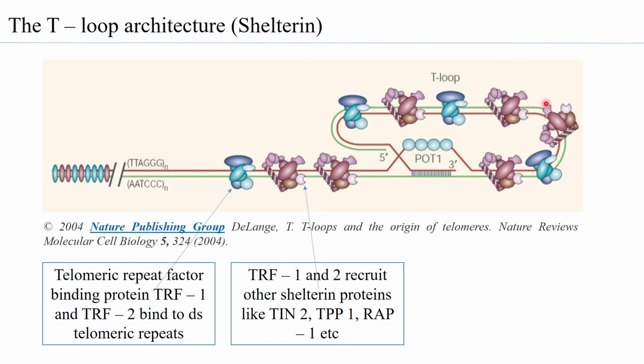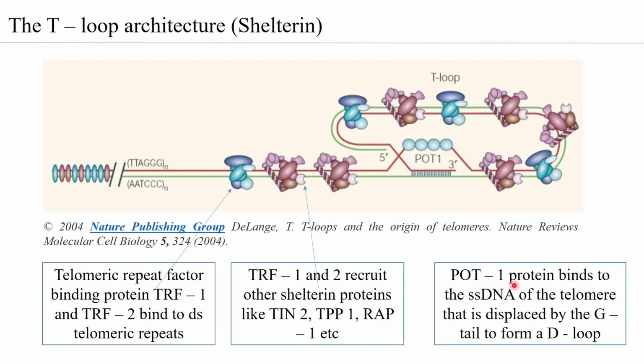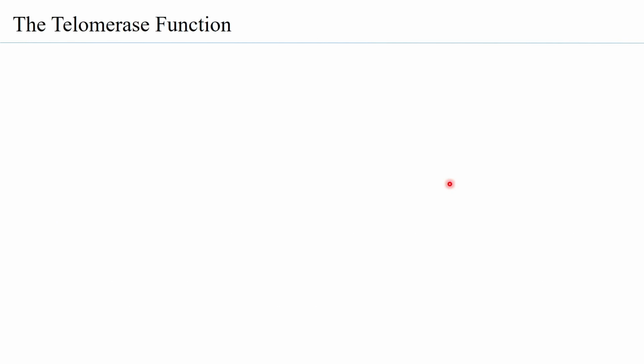So here you do not have any longer any free end, and the free end which had the 3' end is now linked, while whatever displaced DNA is there is also bound by what is called the POT1 protein. Now, therefore, this G tail is attached to the telomeric repeat. So you can see that it is ensconced within the entire complex and is protected. And of course, you have the D loop form because it is invading the double-stranded DNA.